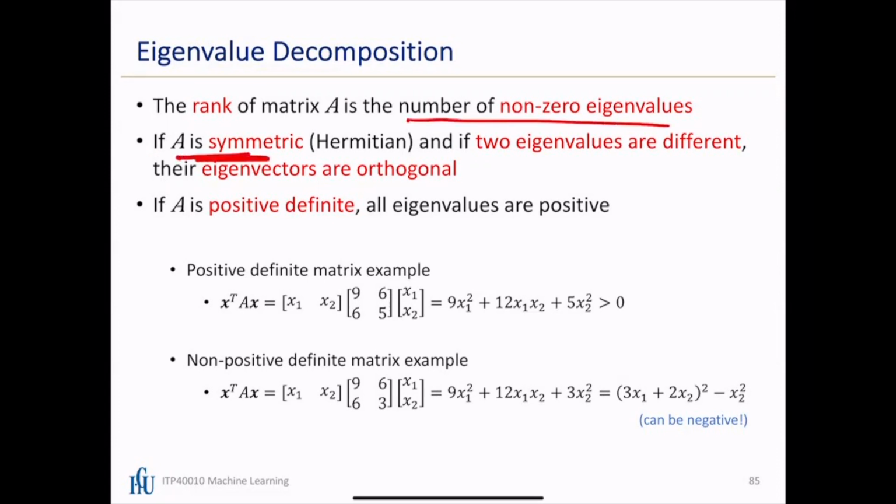And if A is symmetric and the matrix has two different eigenvalues, the eigenvectors are orthogonal, and there are some additional properties you may study in linear algebra. And one important concept is that when A is positive definite, the eigenvalues will all be positive as well.